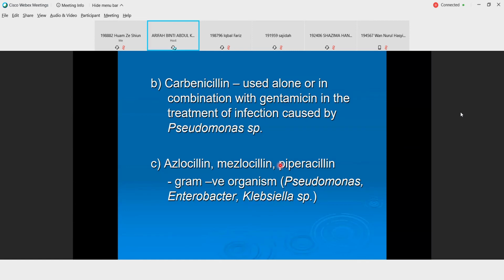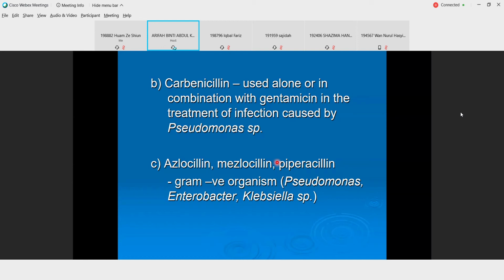Carbenicillin, another broad spectrum penicillin, can be used alone or in combination with gentamicin. Gentamicin belongs to a different group of antibiotics, the aminoglycosides, which are also bactericidal drugs. Carbenicillin, a bactericidal penicillin, in combination with gentamicin, an aminoglycoside, will produce a synergistic effect.